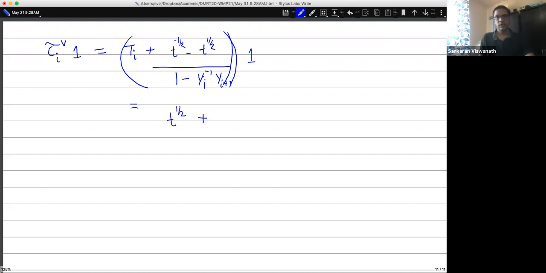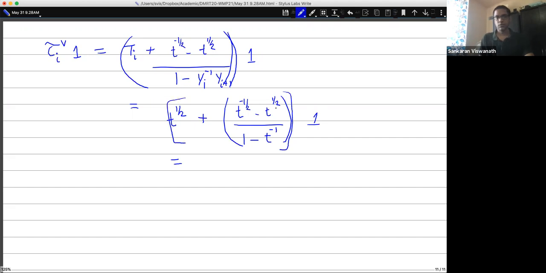Now this other guy here, we know how the y's acted. Recall the y's give you t to the rho, if you wish. So I'll just write out the answer here: t to the minus half minus t to the half over 1 minus t inverse, acting on 1. Now if you simplify this, this gives you t to the half times 1 minus t inverse. So it's t to the half minus t to the half. Okay, so that's a 0.